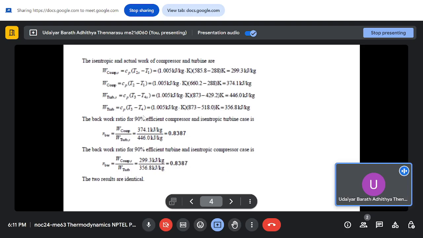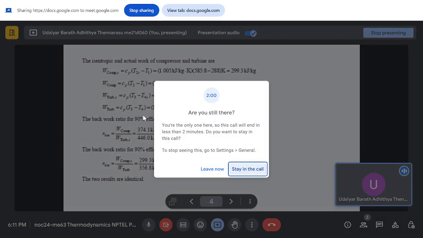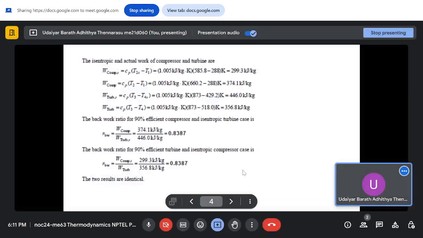So part of the work generated in the turbine is utilized in running the compressor. You are finding that fraction of work which is used in running the compressor. That is the back work ratio, for a compressor of 80% isentropic efficiency and an isentropic turbine.